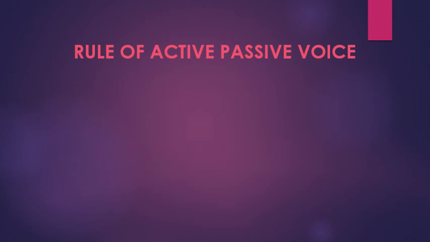Rule of active passive voice. Any sentence is always written in this format: subject plus verb plus object. Any affirmative sentence or any declarative sentence is written in this format: subject plus verb plus object. Example, she reads books.